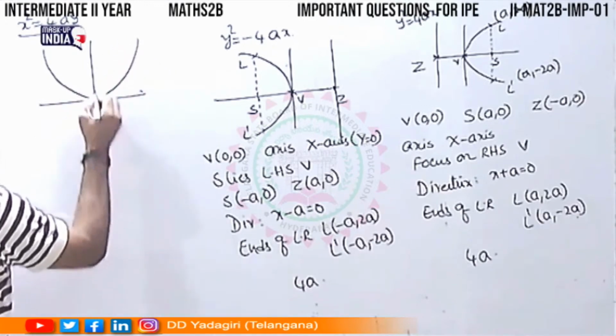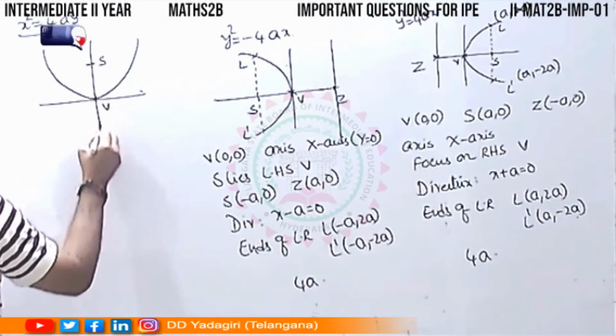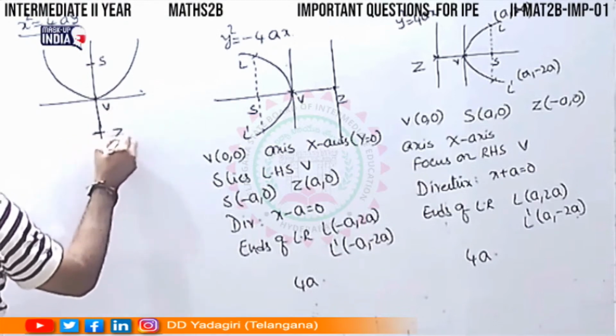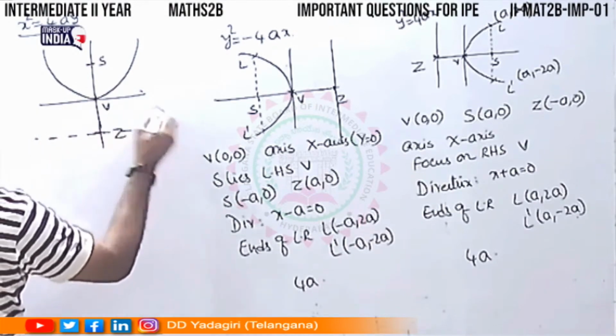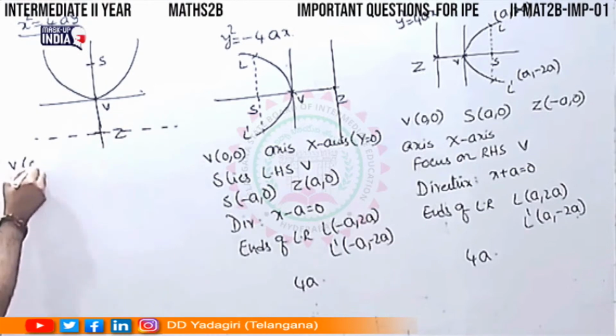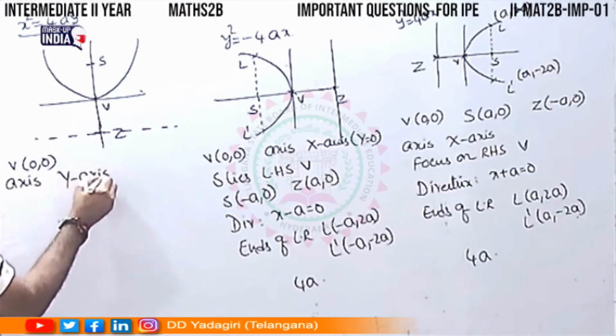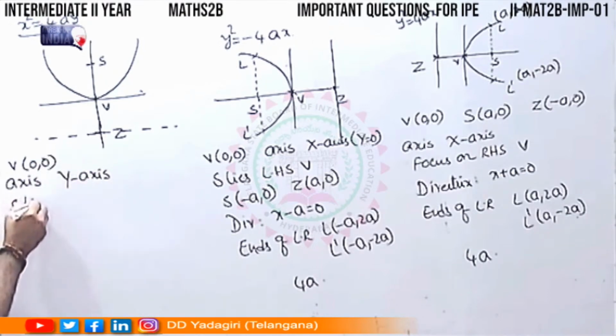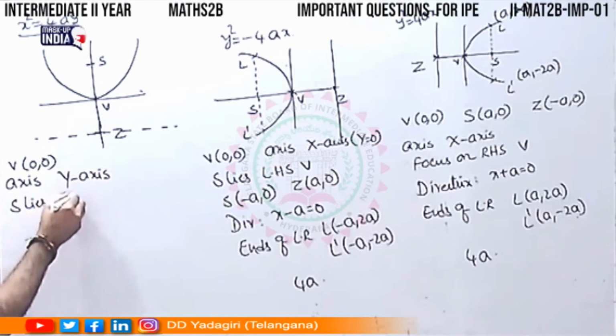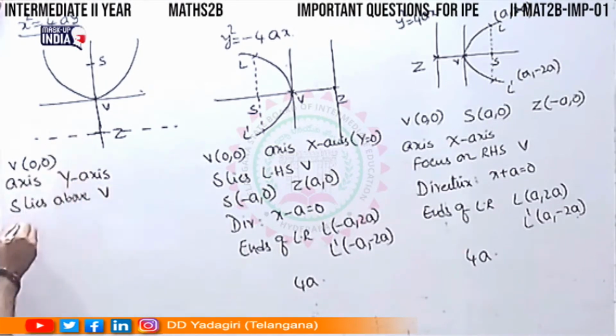What is it called? Upward parabola. Vertex is origin. Axis is the y-axis. Focus lies above the vertex.